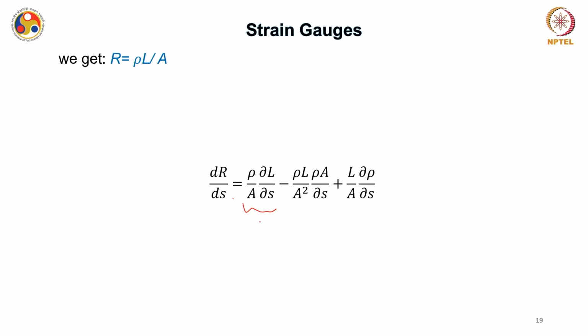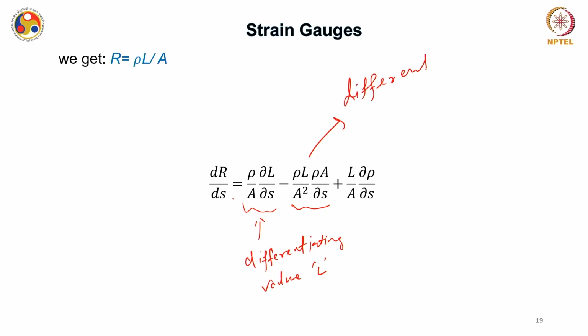This term is when you differentiate the value L, this term is when you differentiate the area A, and this is differentiating the resistivity.